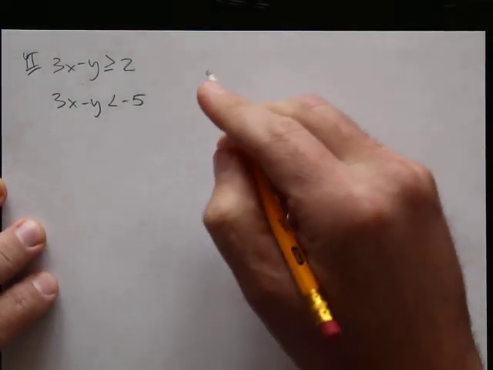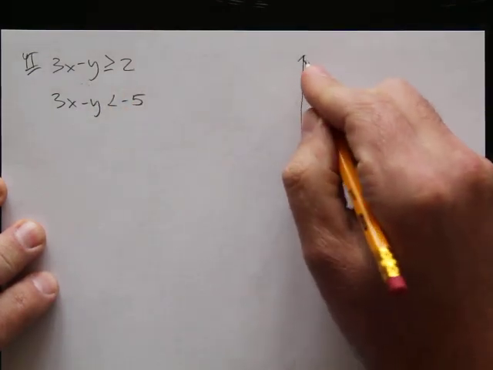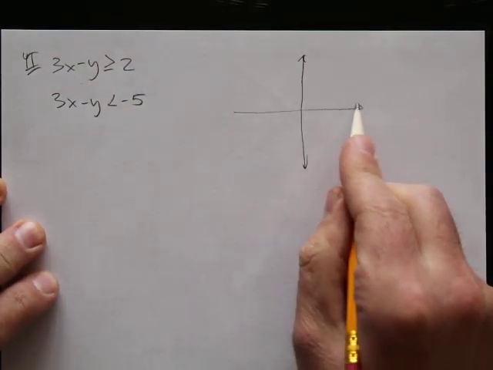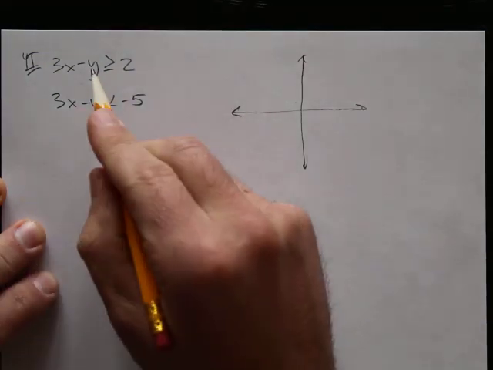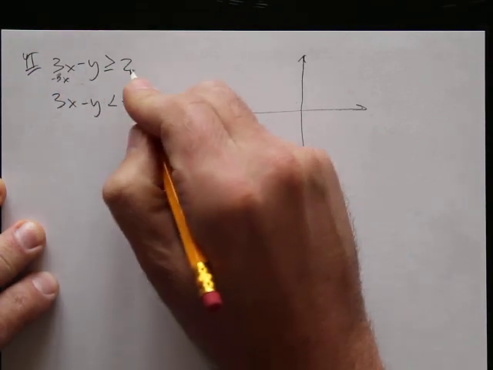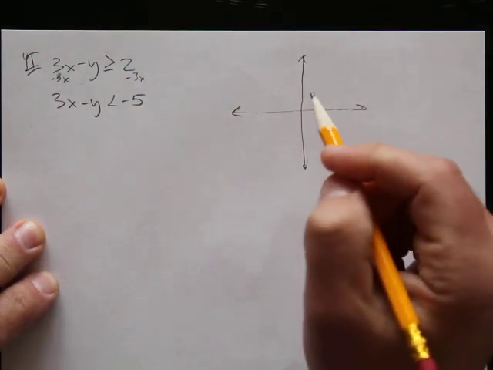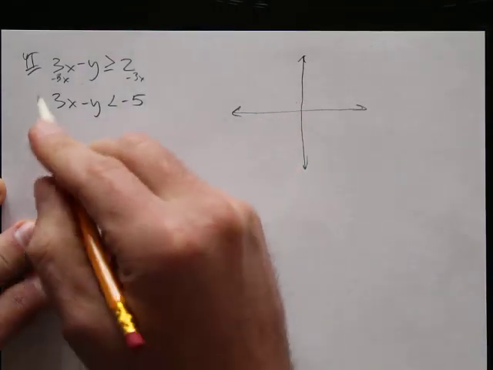All right, let's see how you did. Let's rewrite these. I'm going to draw the start of my graph over here. Now, I need to subtract 3x from this. And looks like it's not going to be quite as easy as it was before on the last one.